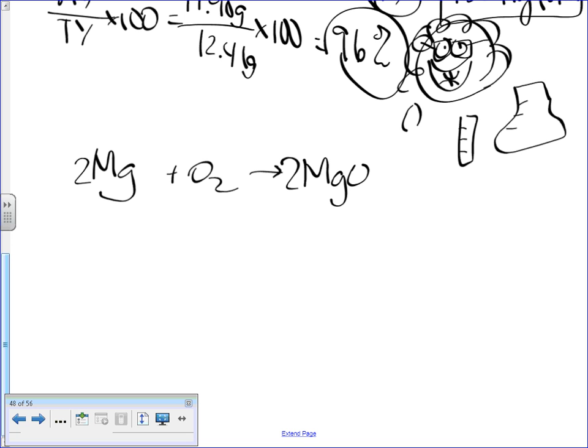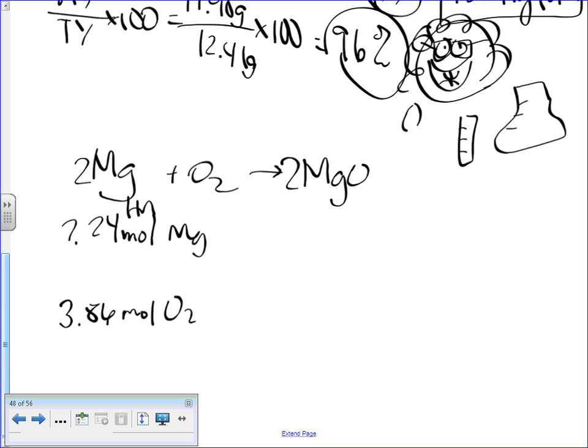Okay. Determine the limiting reactant if 7.24 moles of magnesium react with 3.86 moles of oxygen. What have I already done for you? I've gotten you to moles, right? Step 1 done. What's step 2? You want to figure out how much you need of the others.